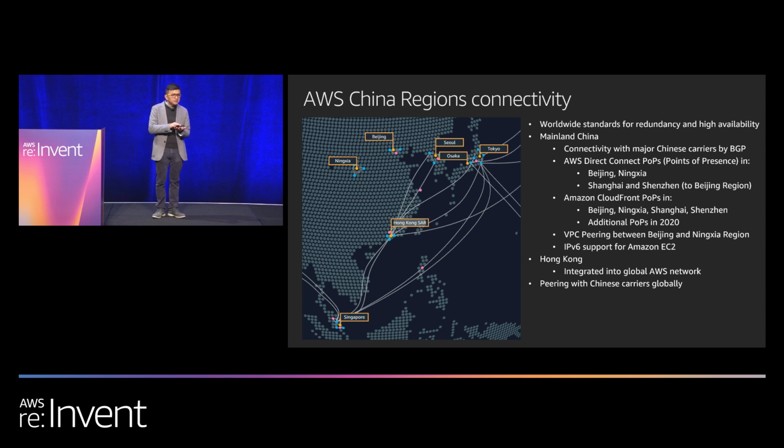That means customers who want to set up in a more cost-effective manner have the ability to carve out the line through NN9, so that you can quickly connect from, say, the Beijing region to Hong Kong. And from Hong Kong, because that is a Direct Connect POP for global regions, you have quick access to many regions around the world.